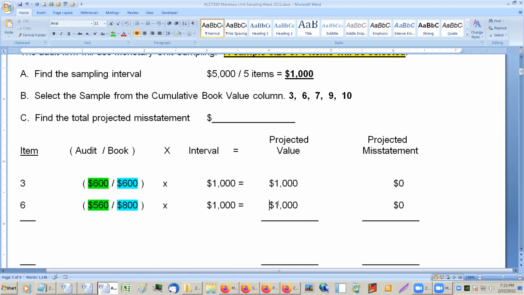Okay, now this one does not come out to 1,000. So 560 divided by 800, .7 times 1,000 was 700.